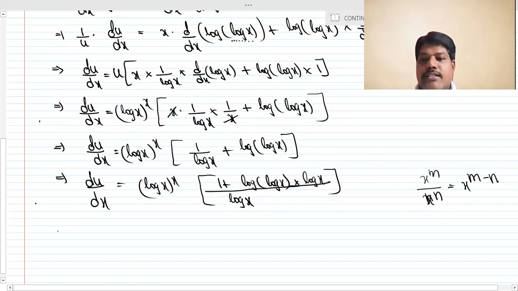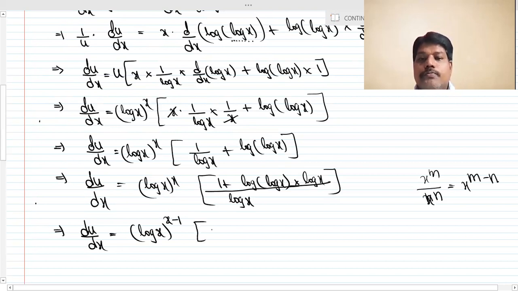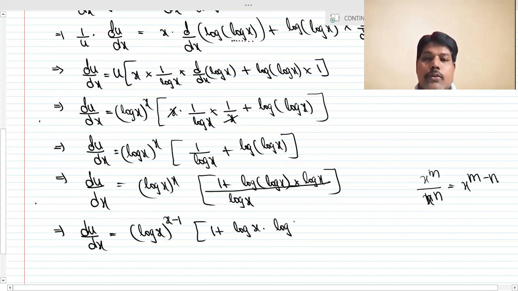It can be written as du by dx is equal to log x whole power x minus 1 into 1 plus log x into log of log x.